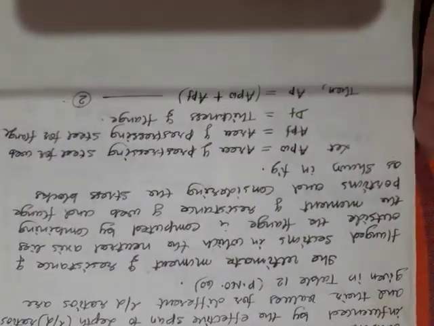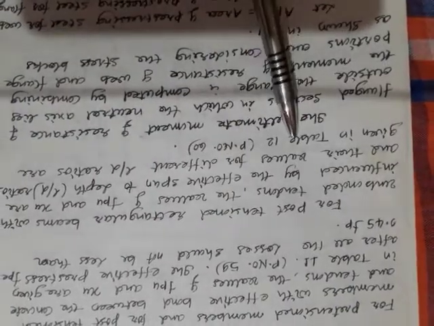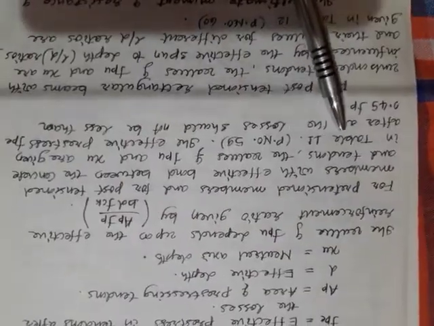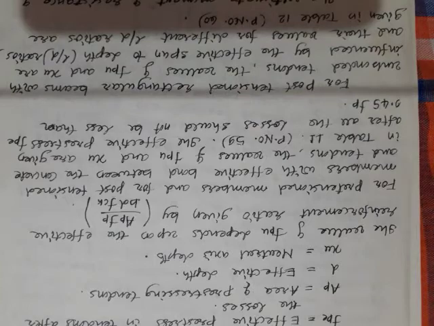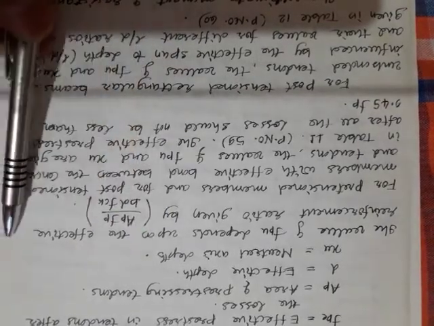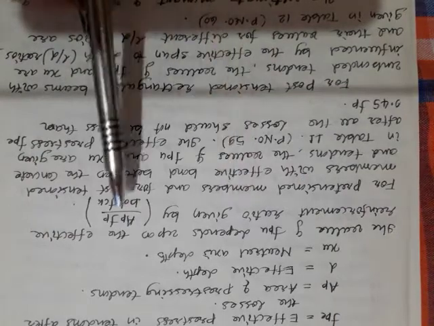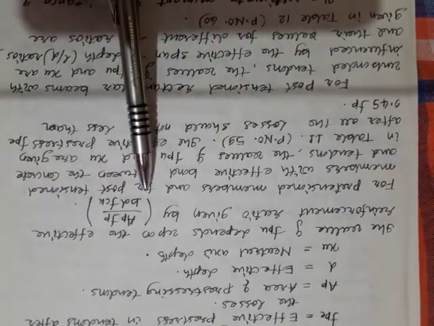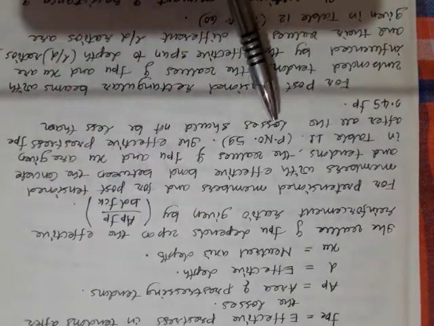It is given in a table. For this I have to use table number 11 on page number 59. Here it has defined one thing called the effective reinforcement ratio, AP FP divided by B D FCK. What these are, we'll see afterwards.